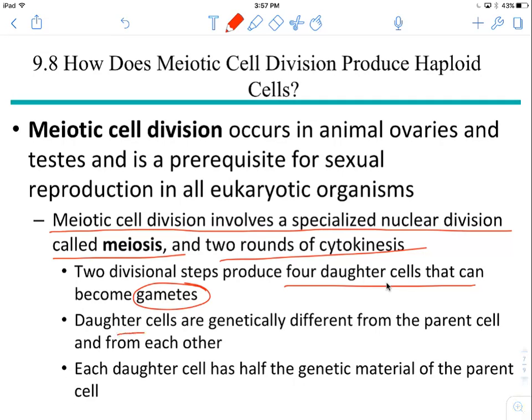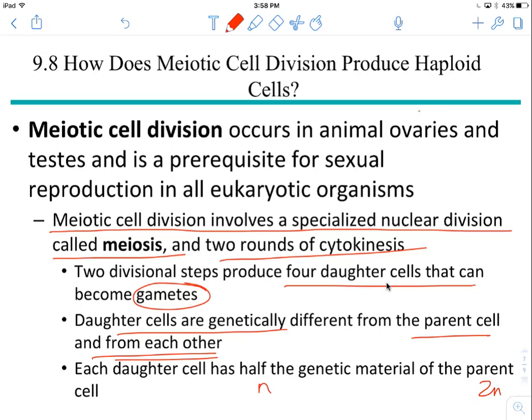The daughter cells are genetically different. This should all be reviewed from the parent cell and from each other. Okay, each daughter cell has half or haploid the genetic material of the parent cell, which was diploid. Now, the interesting thing is that because we're producing 2 different kinds of gametes, right?